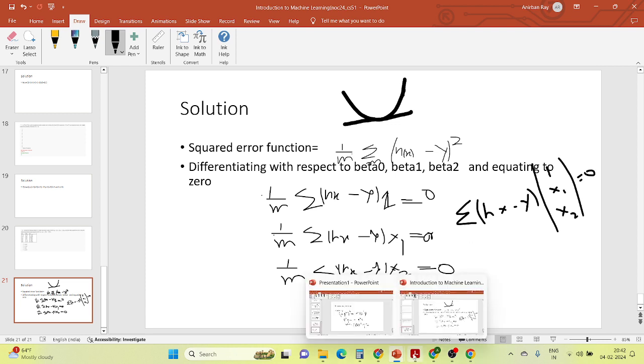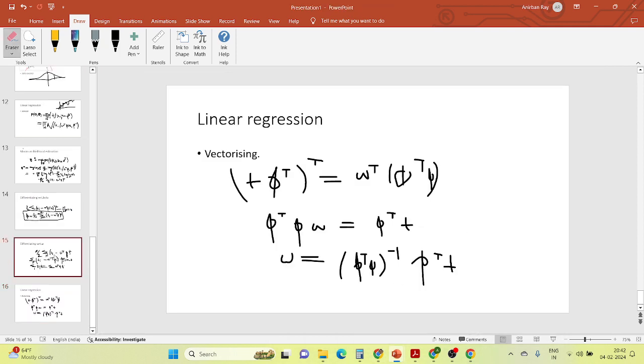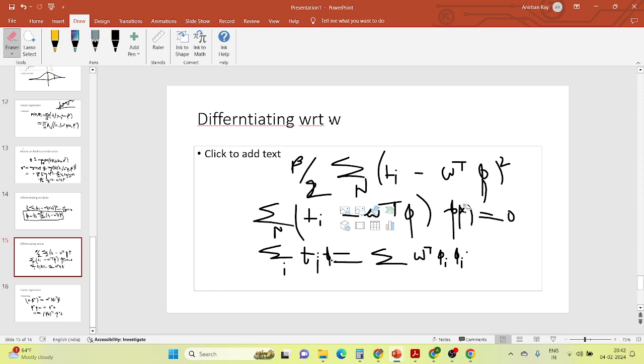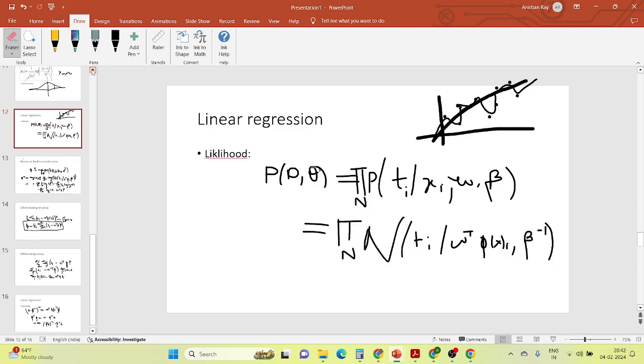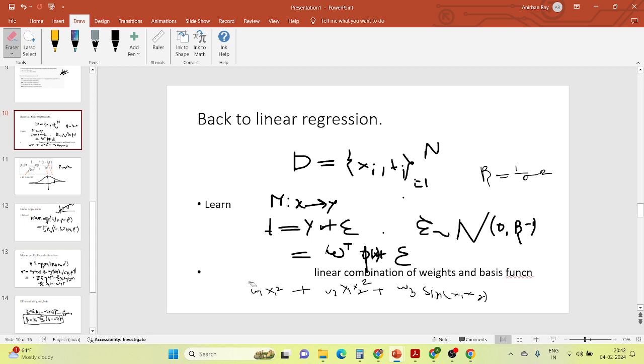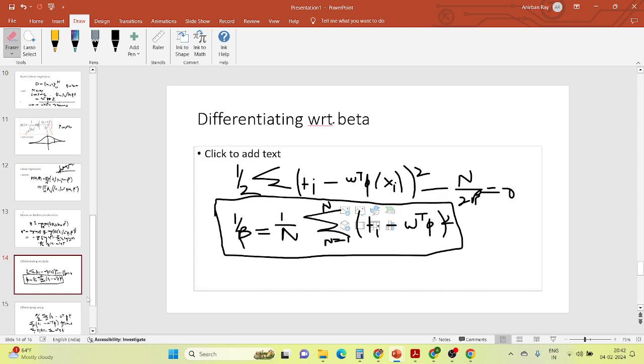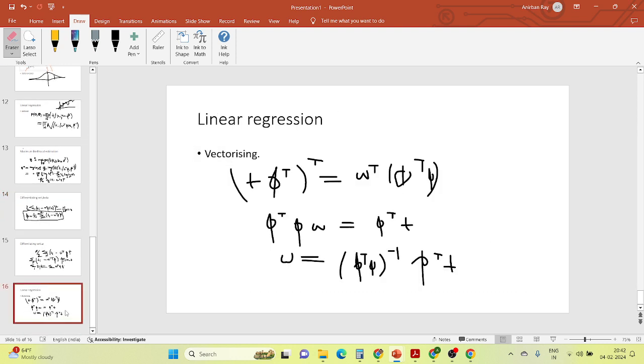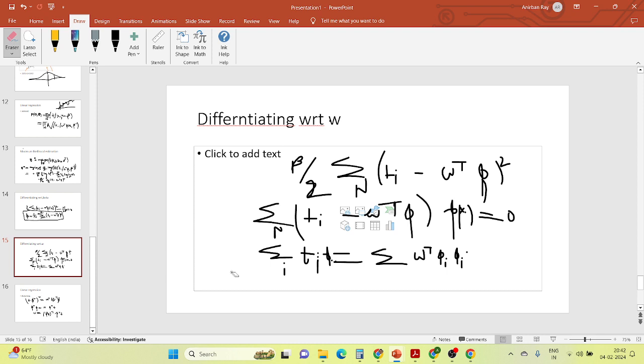What I need to explain here is that this phi x is actually a vector, a vector of these three.